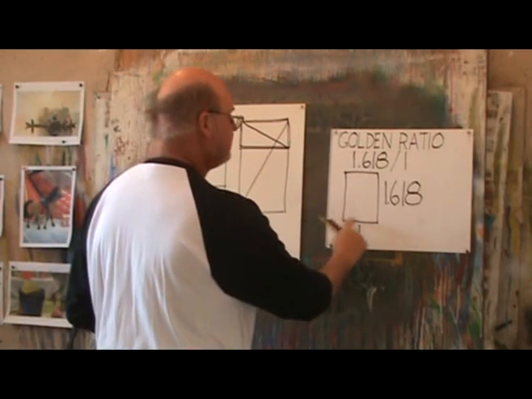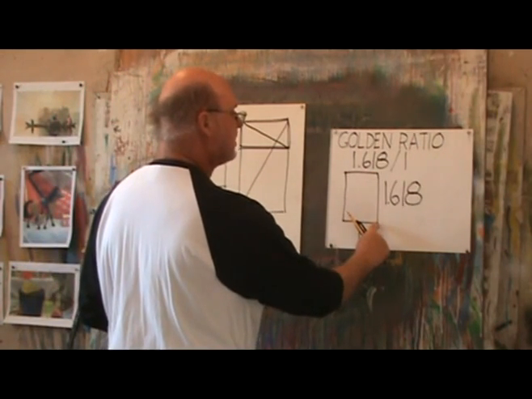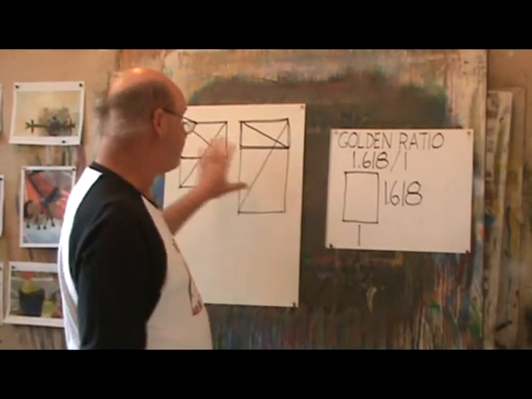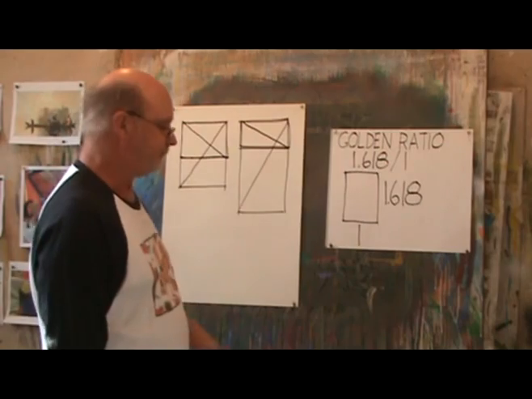So this edge is 1 and this edge is 1.618. This rectangle has a special quality that these other rectangles don't have.